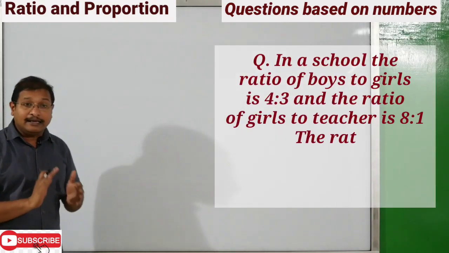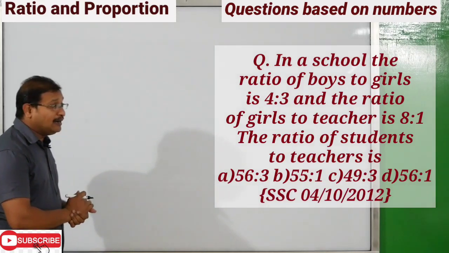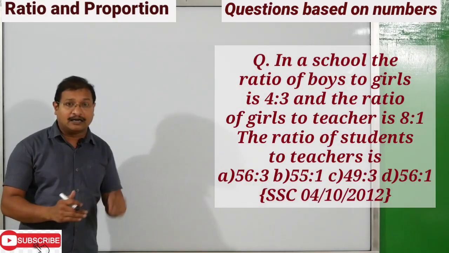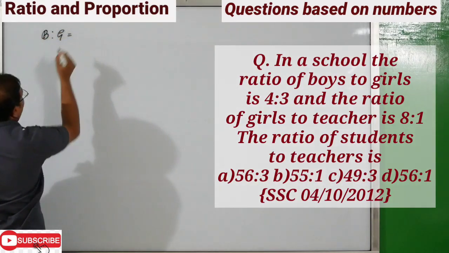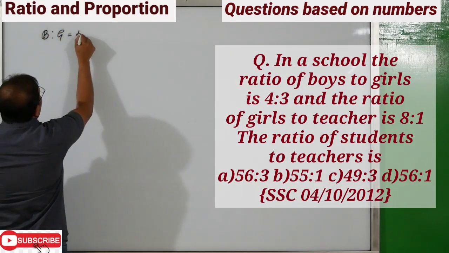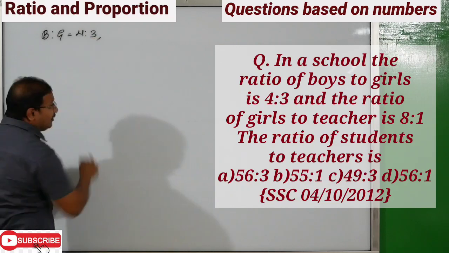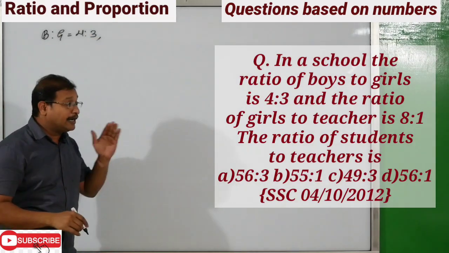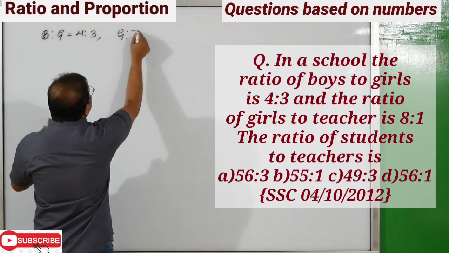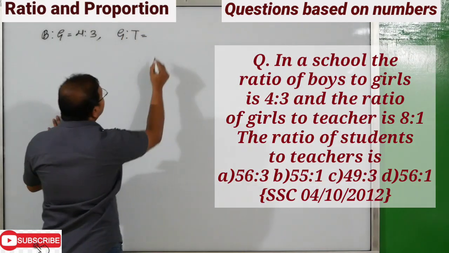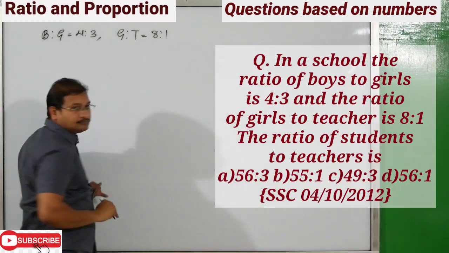Ready? So now in this question it's already given the ratio of the boys and girls. So I am taking boys is to girls equals 4:3. After that, what is given? The ratio of the girls to the teacher, 8:1.